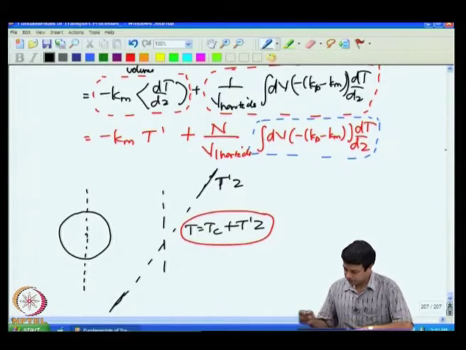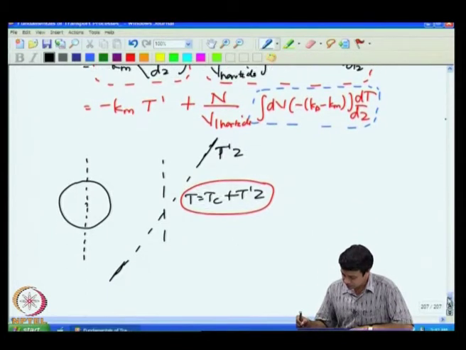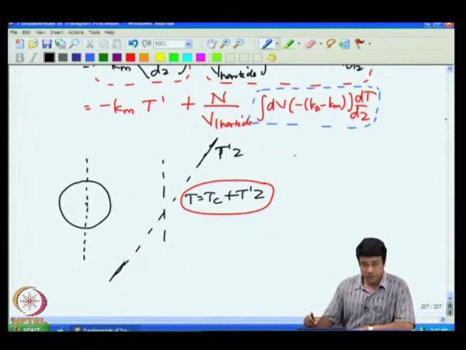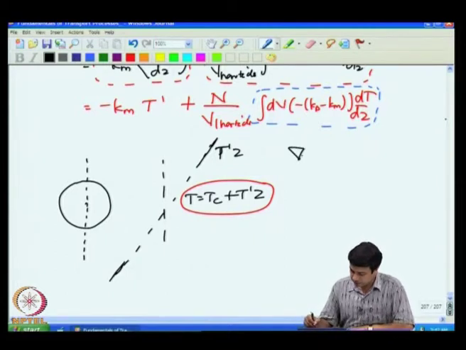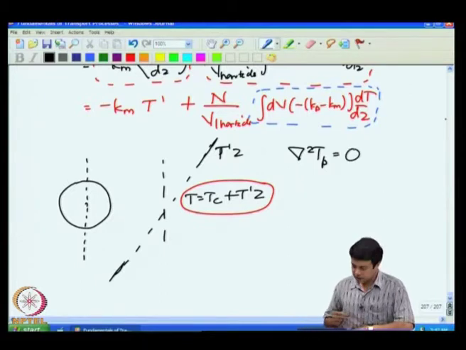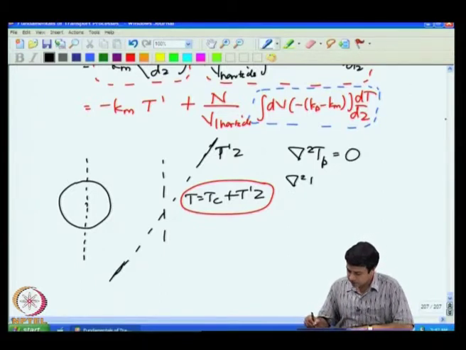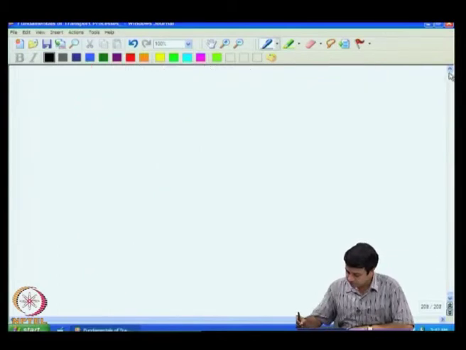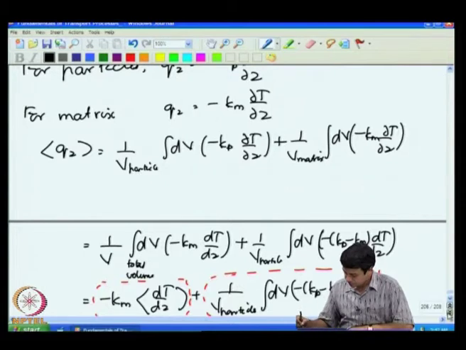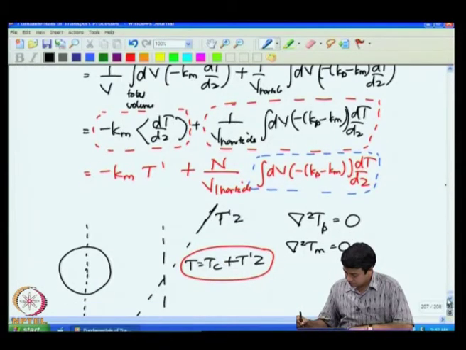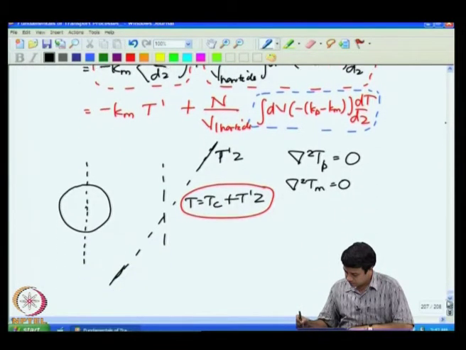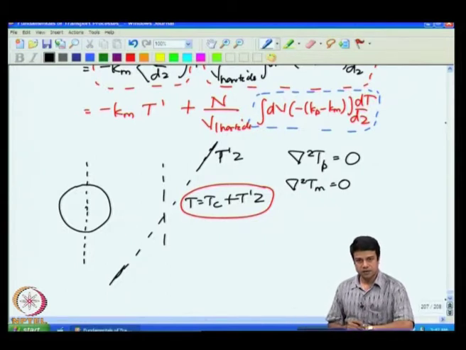So, we have to solve the equations. For the particle phase, I have to solve del square T particle is equal to 0. For the matrix, I need to solve del square of T matrix is equal to 0. And I have conditions at the surface.